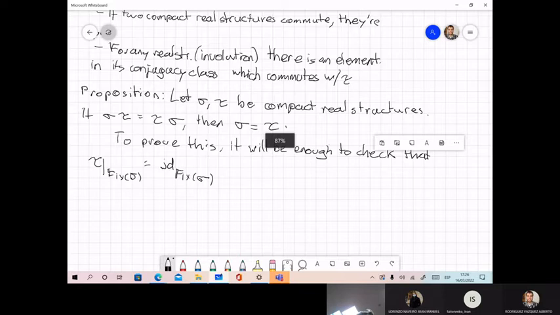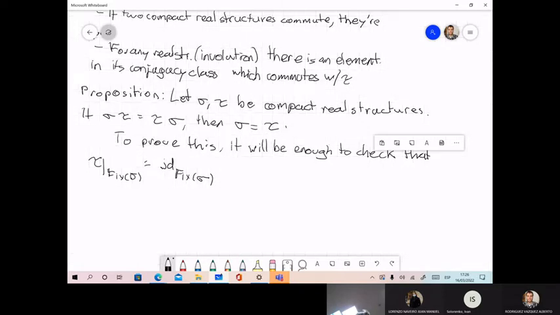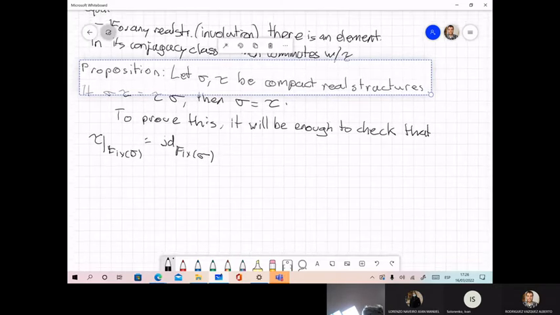Because the fixed points of sigma are a real form of our complex semisimple algebra, and so it will be enough to prove it here and extend it to the whole space by linearity.